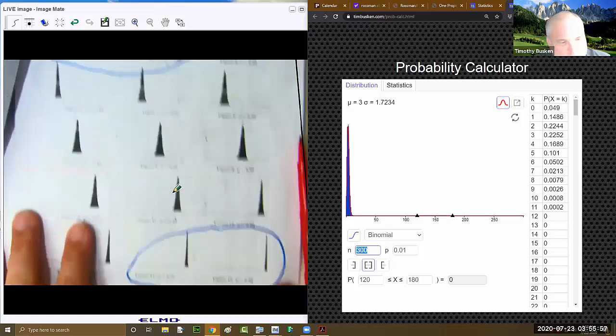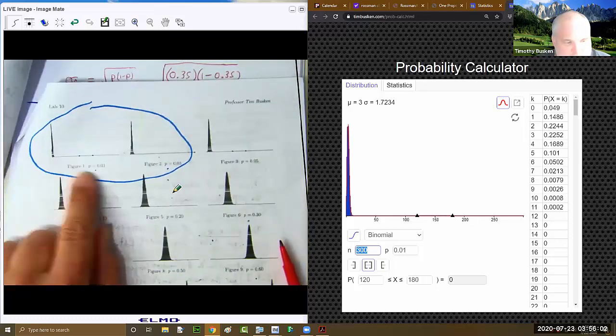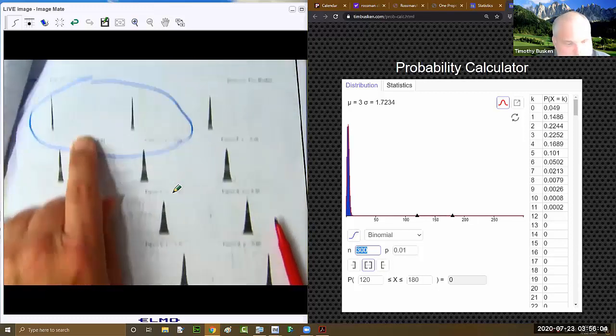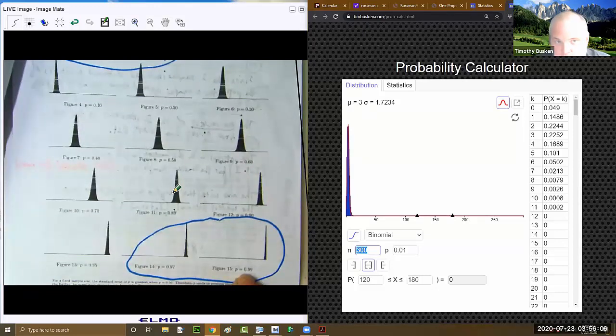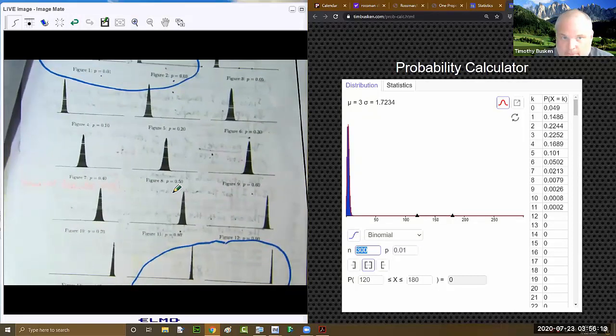So whenever the value of p is close to 0 or 100%, the standard deviation will be really small, which means you're going to get a really good estimate for the value of p, even if you don't know what p is, as long as it is close to 0 or 1.